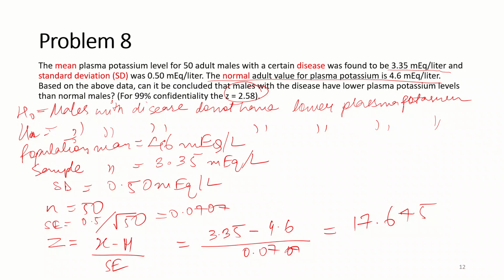No, I was discussing whether we can reverse the hypothesis names. It is defined in a way that it's like that. But here the null hypothesis is rejected on lowering the plasma potassium levels, right? So the null hypothesis is always that there is no effect.